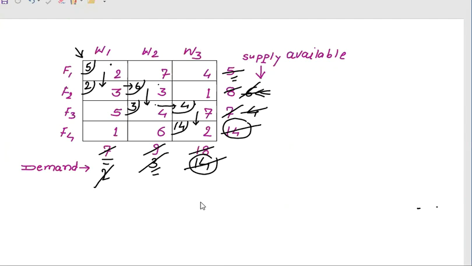Now let us write down the initial feasible solution by this method, the northwest corner rule. Now how many units of goods are transported from F1 to W1? So the symbol we are using in this cell is X11, where X represents quantity of goods transported from first factory to first warehouse. So how many units are transported from F1 to W1? 5 units. So X11 is equal to 5 units.